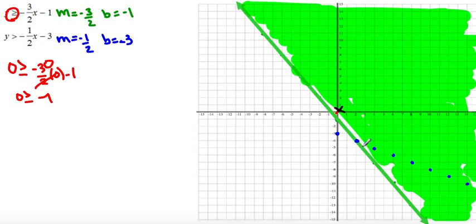And then to extend the line, I go up 1 to the left 2. Alright, and here my inequality symbol is greater than, so that means that my line is going to be dashed.